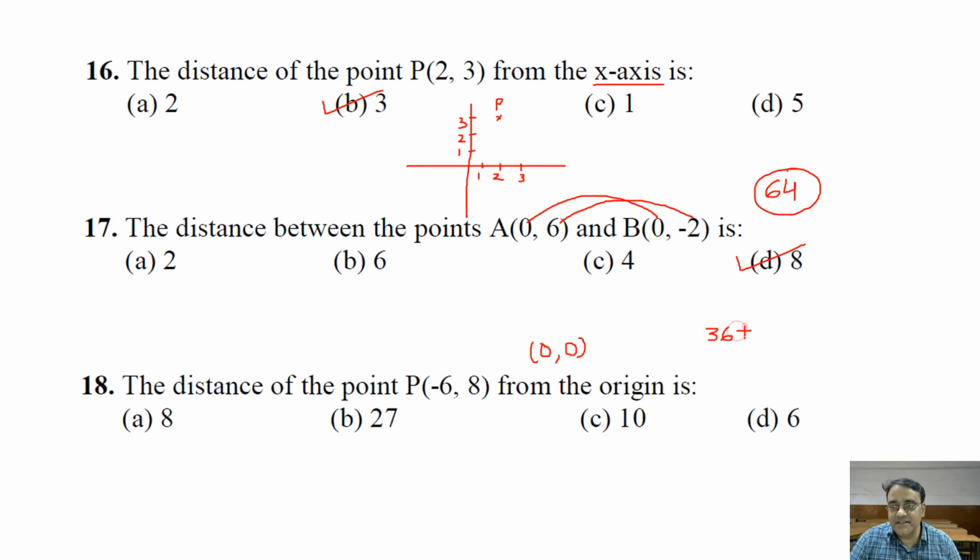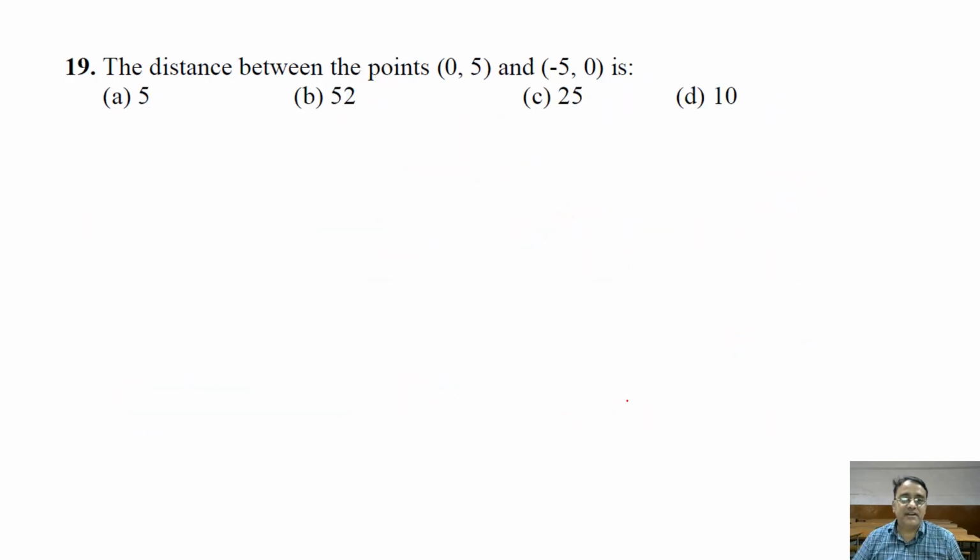Now 8 minus 0 square, that will become 64, and the sum of this is 100. Now take its square root, 10, right. So the correct option is C. Now we are moving toward question number 19. The distance between the points 0, 5, -5, 0 is dash.